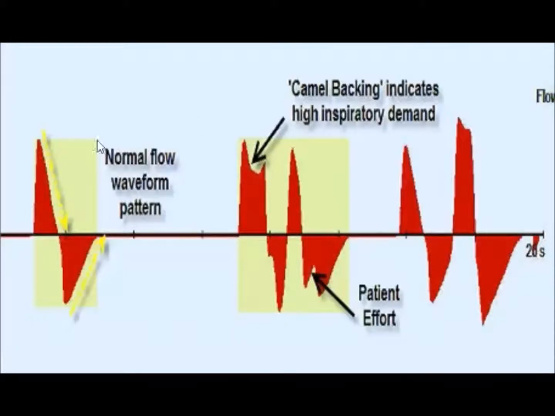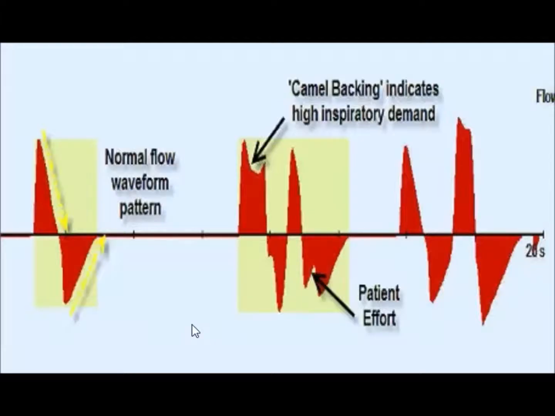And as you notice, the flow waveform normally fully decelerates, and here it scoops again and does not fully decelerate. So that's what I mean by, does the mode itself provide these adjustments in pressure to meet the patient's demand? And of course it doesn't.